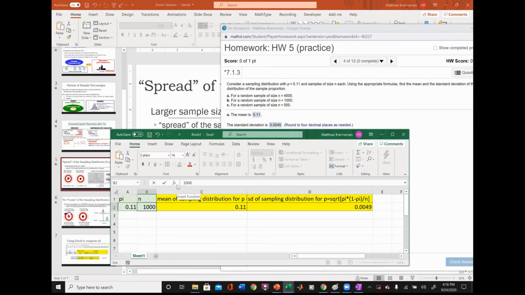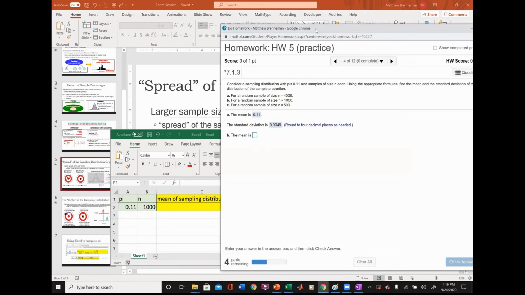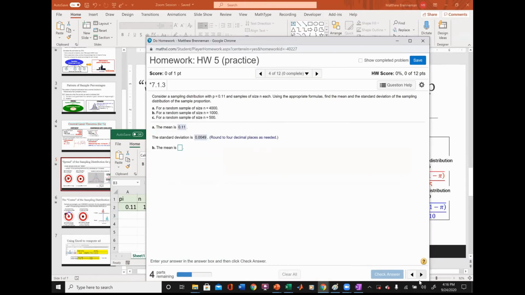That's it. Now watch cell D2. Right now it's 0.0049, right? It automatically changes. Isn't that cool? So you can do all of those calculations now. All you have to do is change the sample size. Okay, shall we go forward?